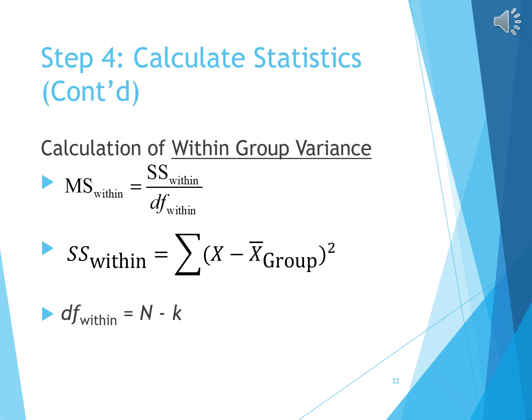You can see that you basically take each raw score from each person in a particular group, subtract their group mean from it, square it, and then add those together, right? So that's the sums of squares for each of the groups, and you just add up each of the sums of squares. The degrees of freedom within we saw earlier, you can calculate that by the number of people in all groups combined minus the number of groups.